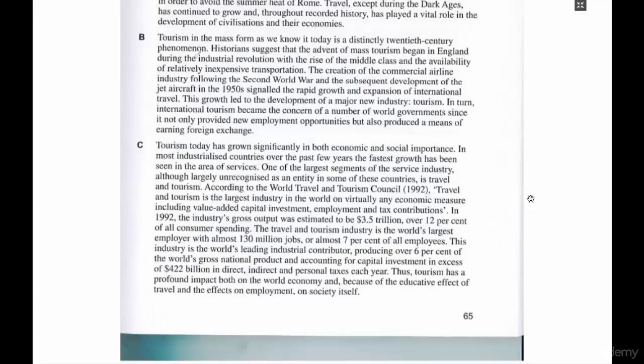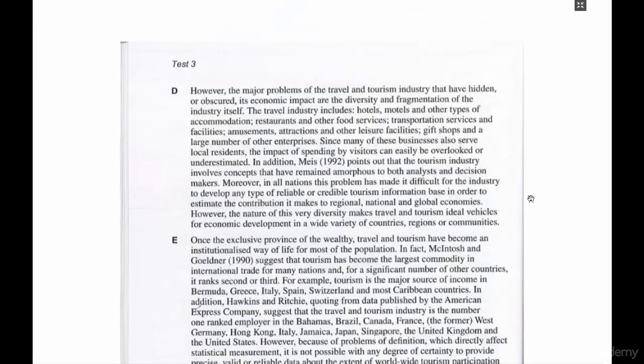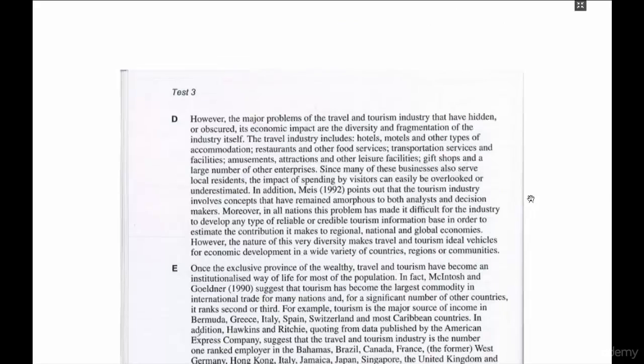Go back and look at it again. The major problems, so it's talking about the problems, right? The difficulties. All right. So when we look at it, we can see that our answer is number 5. The difficulty in recognizing the economic effects is number 5.